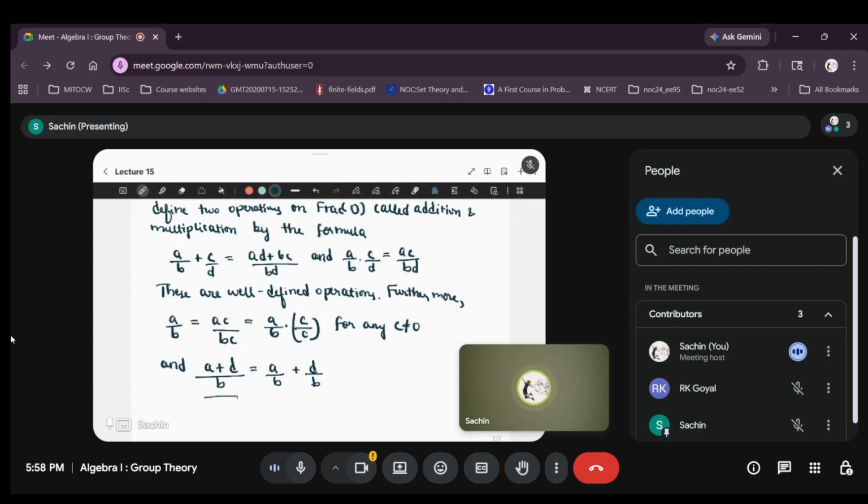Here we are looking at these two things from the perspective of equivalence classes. So the equivalence class containing a comma b is the same as the equivalence class containing ac comma bc, and the equivalence class containing a plus d comma b is the same as the equivalence class containing a comma b plus the equivalence class containing d comma b.